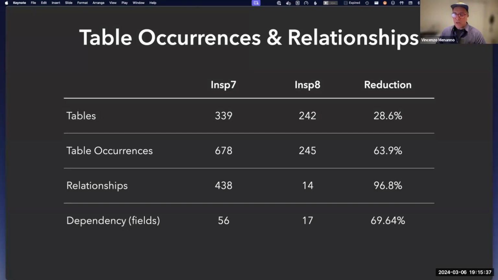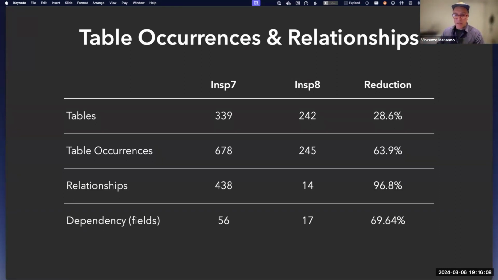And one of the core tables in Inspector is the dependency table. And we had almost a 70% reduction in the number of fields. And the dependency table, if you're ever looking for a place to make improvements, that would be the place, because that's where all the activity happens. That's the intersection of, like, this field is referenced by this script step, or this field is on this layout, et cetera, et cetera.